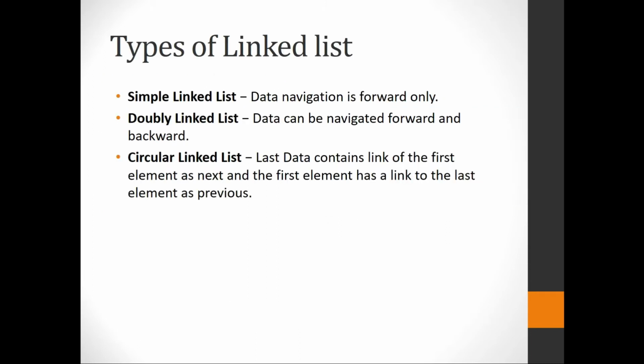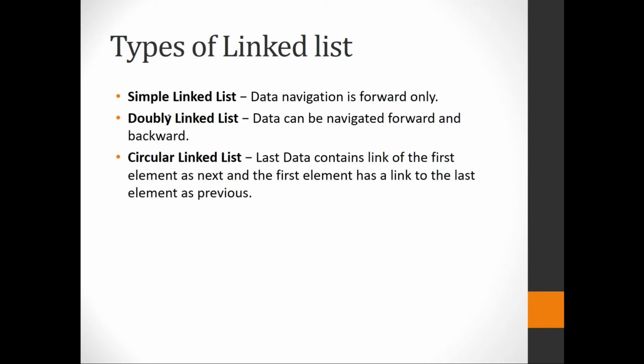Okay, now there are several types of linked list. One you call a simple linked list or a single linked list. Then you have doubly linked list. The other one you call a circular linked list. What do I mean by a single linked list or a simple linked list? It has its navigation in the forward mode only.